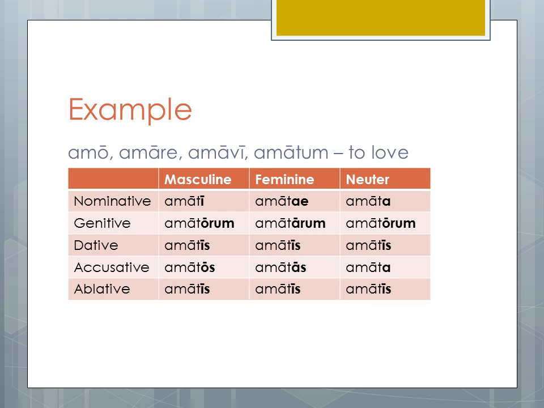So what we see here is short a, long orum, long is, short a in the accusative, and long is in the ablative. These are the forms in the plural of the perfect passive participle. Now that we've looked at these, hopefully you'll see that it's really quite simple to create a perfect passive participle.